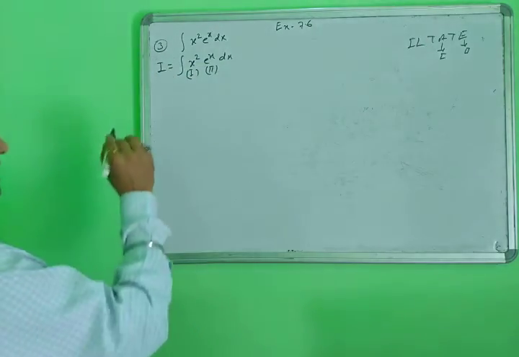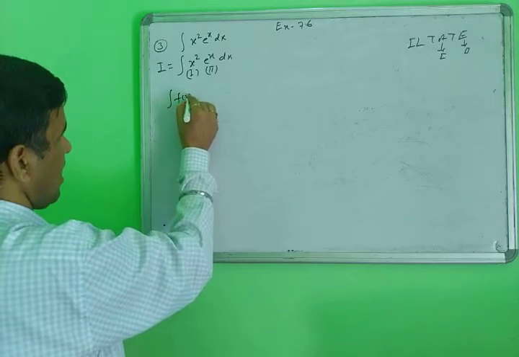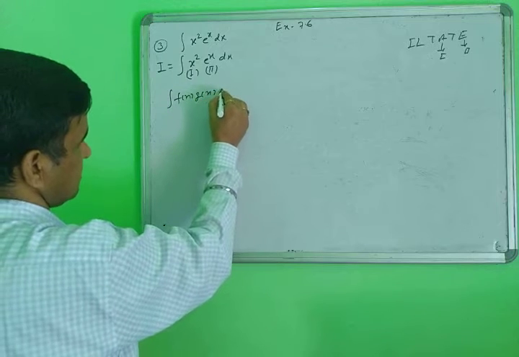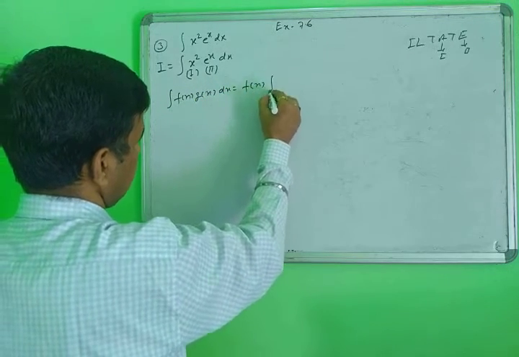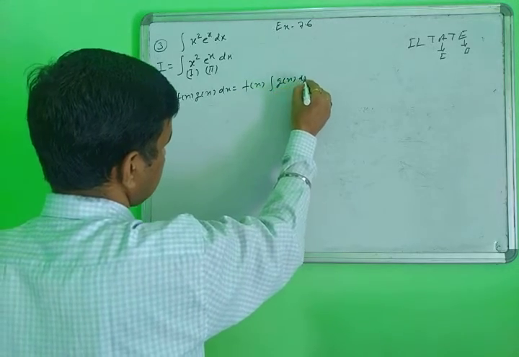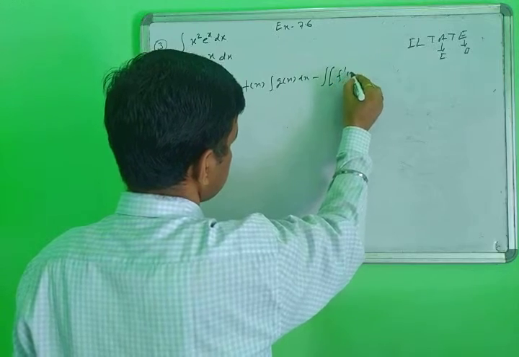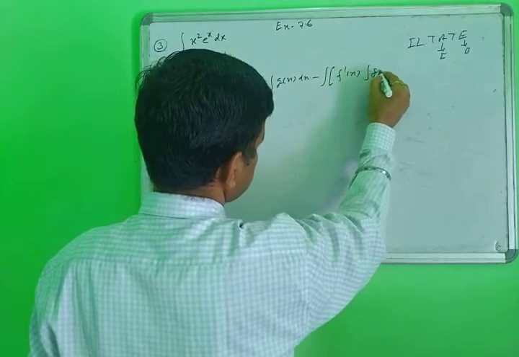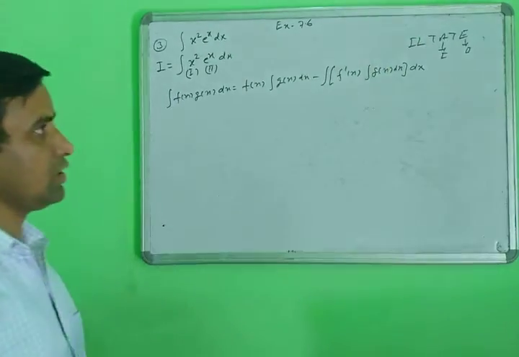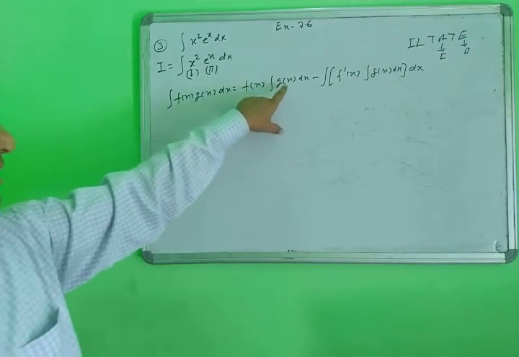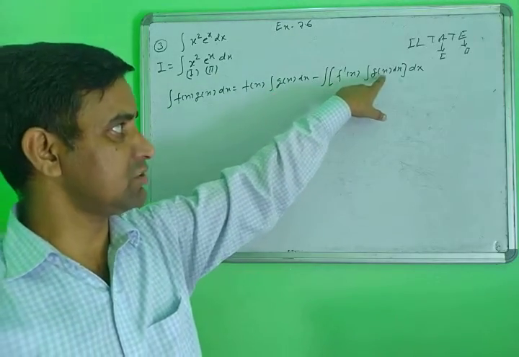Then using the identity, integral of f(x) g(x) dx equals f(x) times the integration of the second function, minus the integration of the differentiation of the first function times the integration of the second, dx. That is: first function times integration of second, minus integration of differentiation of the first times integration of the second, dx.